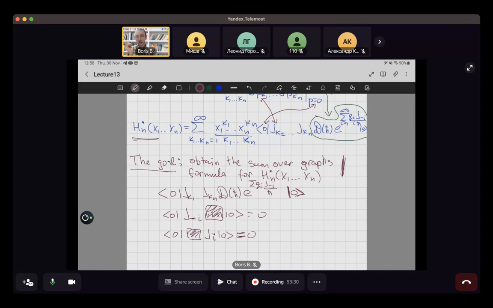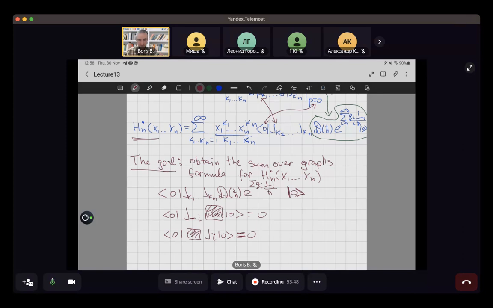And why do we want to obtain it? Because afterwards it is convenient to prove topological recursion through this explicit expression.